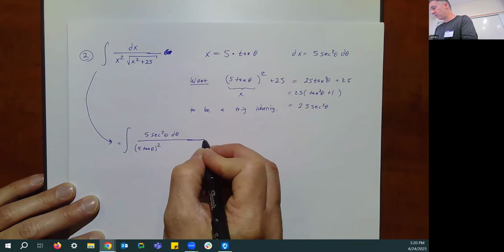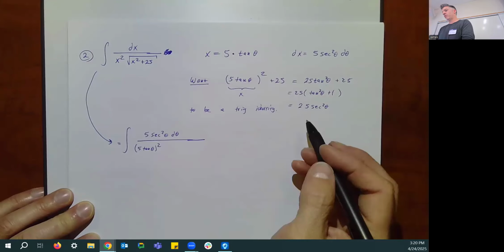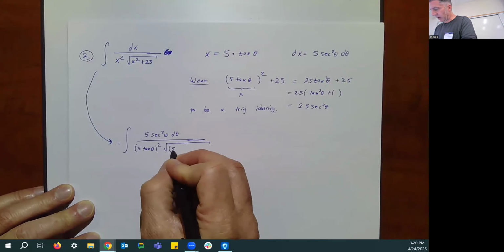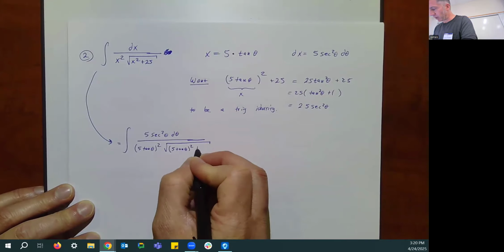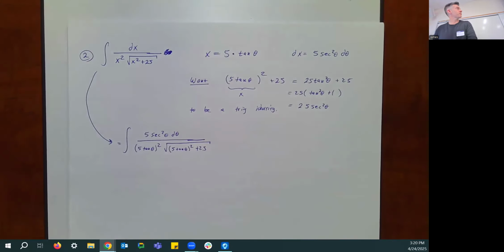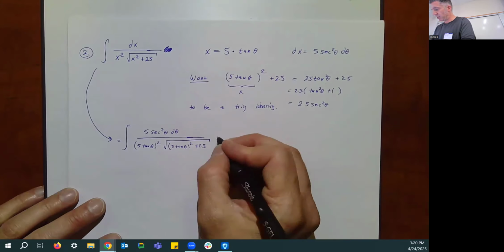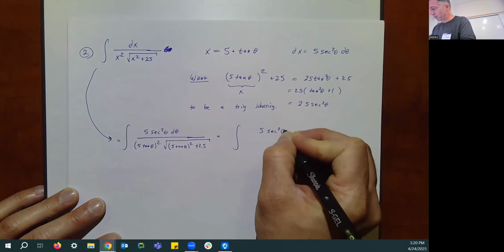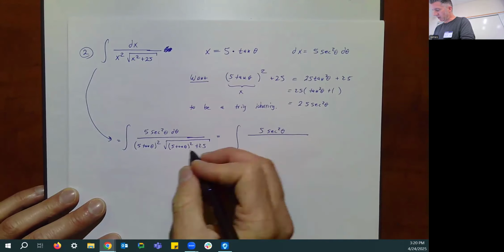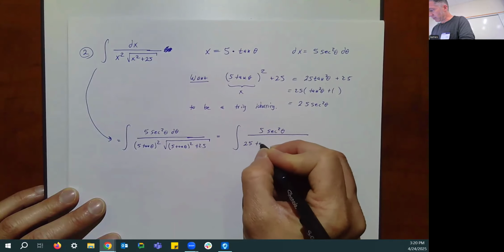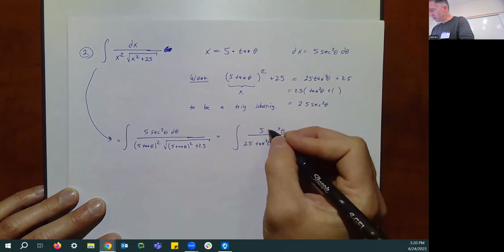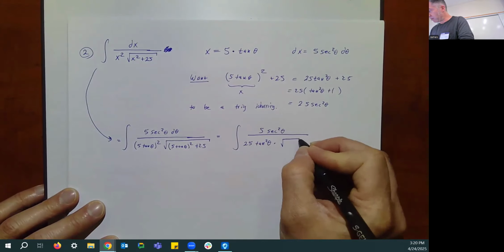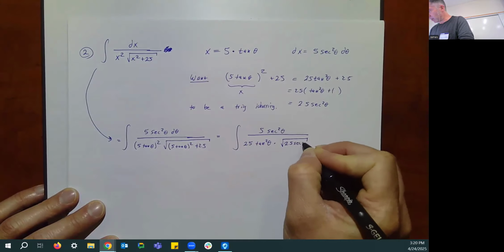Depending on how you like to do this, I like to do all this work over here, but you could start off by writing my square root is the square root of 5 tangent theta squared plus 25. And then we simplify. I've got 5 secant squared on top, 25 tangent squared, and the square root is the square root of 25 secant squared theta.